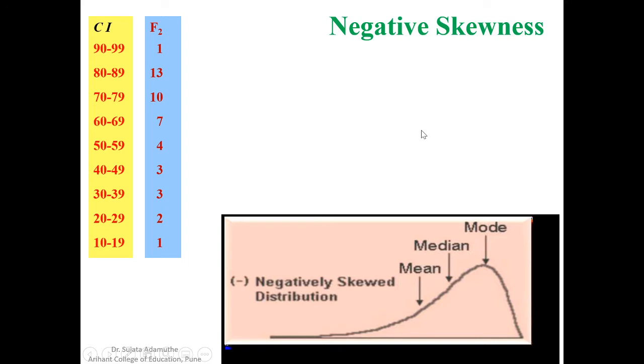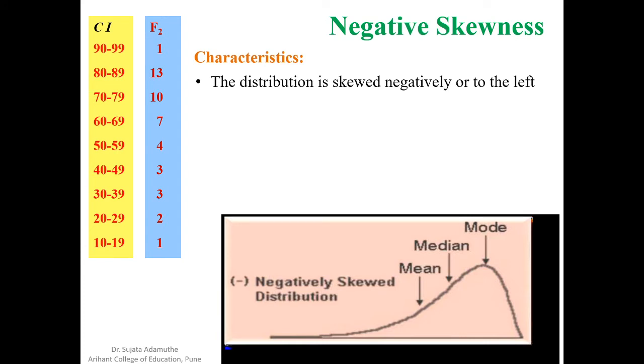We will see the characteristics of negative skewness now. The first characteristic is that the distribution is skewed negatively, or to the left side. This is the left side of the curve, and the skew of the distribution is on the negative side, so this curve is called a negative skewness curve, and the distribution is called negative skewness.